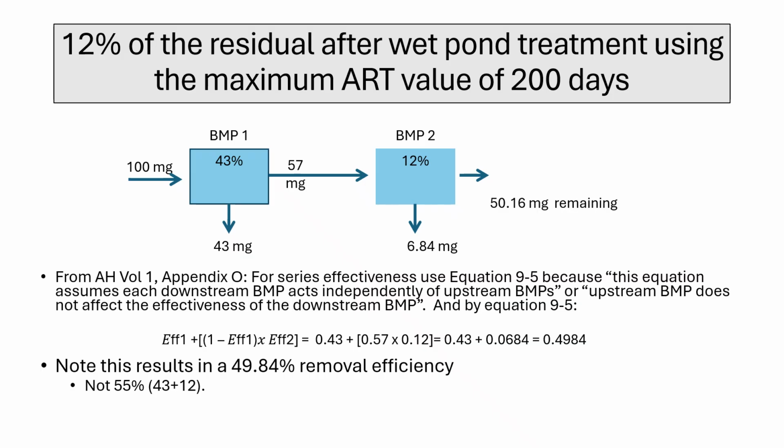This works out to 0.43 plus 0.0684, resulting in a total combined efficiency of 0.4984, or 49.84%. This method accurately reflects the cumulative reduction when BMPs operate independently in a series.